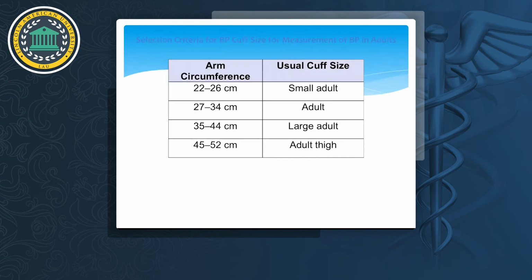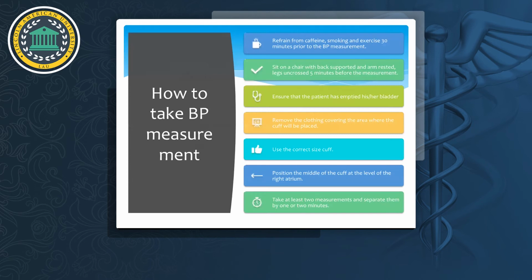And if somebody is very obese, you cannot use a small adult cuff on him. You have to use a cuff size as per the arm circumference. These are a few tips on how to take the blood pressure: refrain from caffeine, smoking, and exercise. Sit on a chair with the back supported, arm rested for 5 minutes.